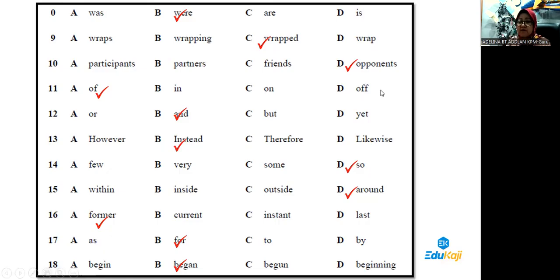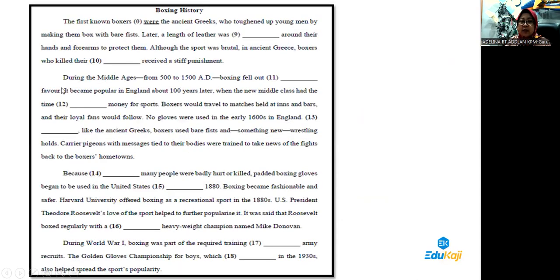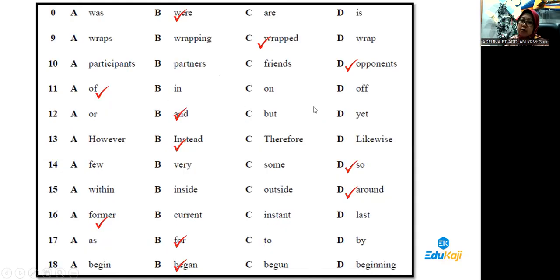And this is more on a verb. So these are all nouns, for example, to show continuation of sentence. So the answer is A, of. Alright, number 11. During the Middle Age from 500 to 1500 AD, boxing fell out of favor. Not in, not on, not off. So the answer is A.